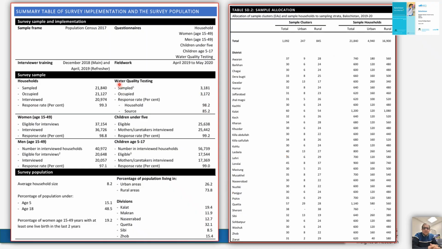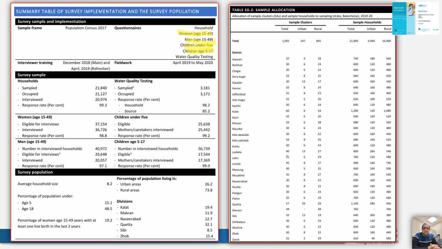On the summary table page, crucial information about the survey is how many questionnaires they used. In this case, you see the household questionnaire, and then you have data sets about women's information, man-related questionnaires, children under 5, and children between 5 and 17. In some cases they also have water quality and malaria questionnaires, and specific questions from country to country.